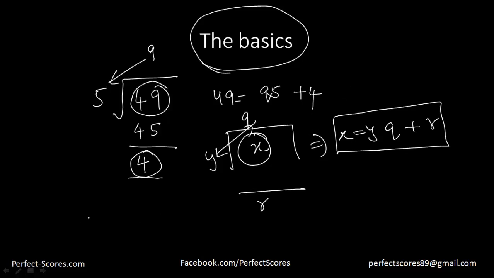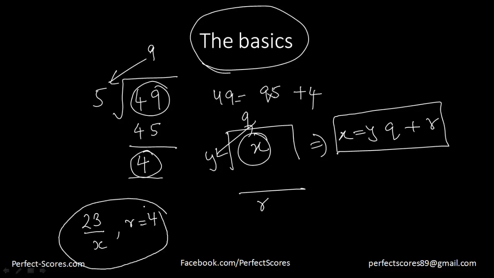Let's suppose I say 23 divided by x gives me remainder 4. How would you denote this in terms of an equation? You can say that this number 23 is actually equal to x into some number, let's suppose y, plus the remainder, which is equal to 4.